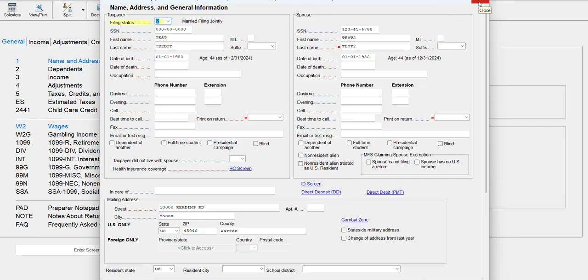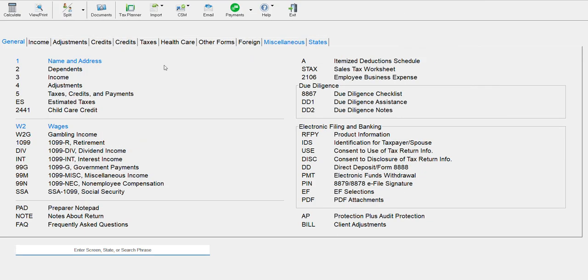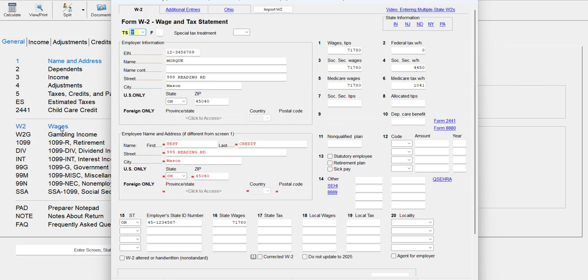So we put all the information. This will be for married filing jointly. We put the wages. The wages are $71,780.